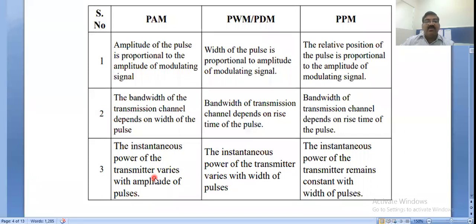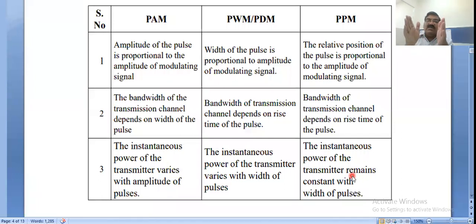Again, the same problem with pulse amplitude modulation and pulse width modulation is there, that is the variation in the transmitted power. But in pulse position modulation, the instantaneous power of the transmitter remains constant. Why? Here, a fixed interval is given.